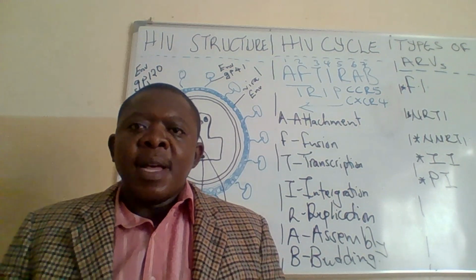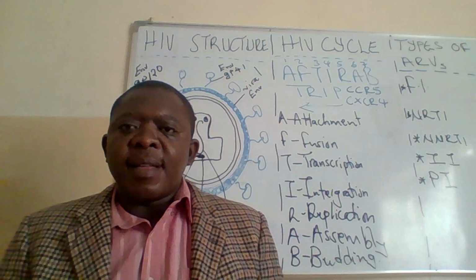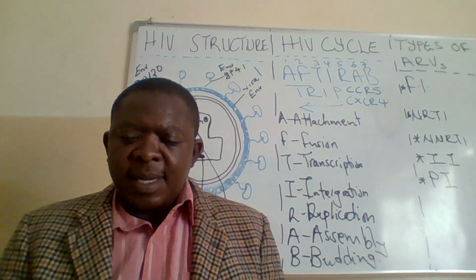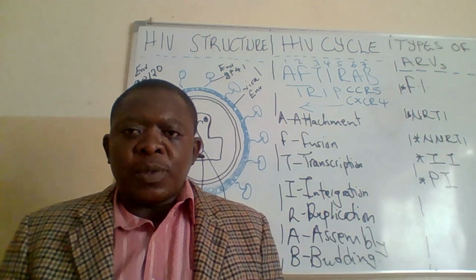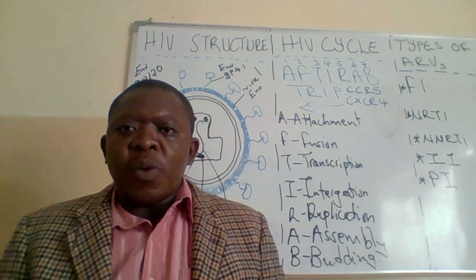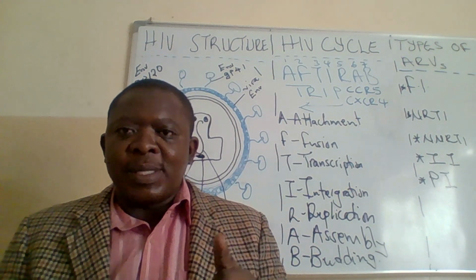Types of ARVs: I can also quickly mention that in the combination of antiretroviral drugs, where you have two NRTIs, you take one NNRTI drug, and where you have one NRTI, mostly you take two drugs.